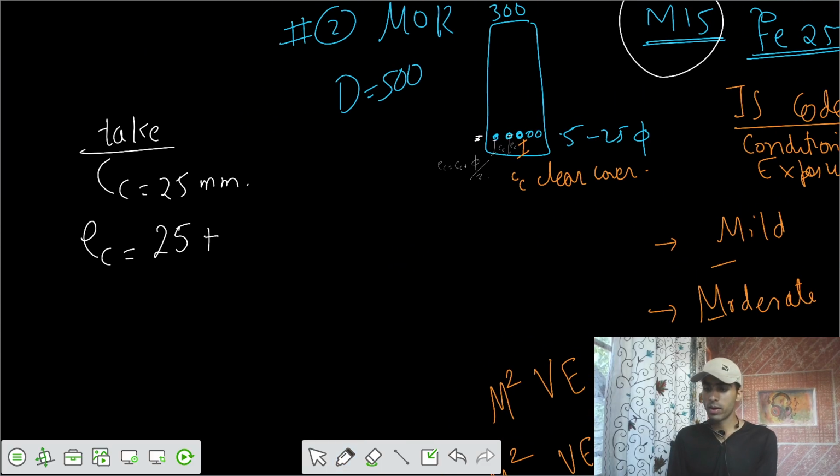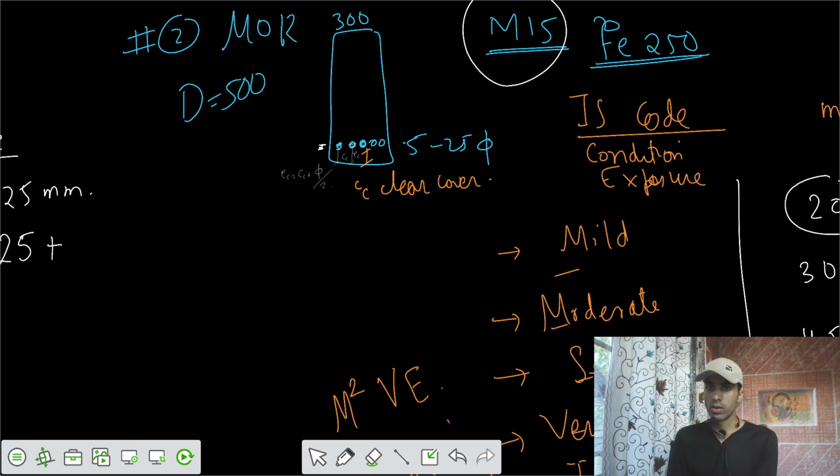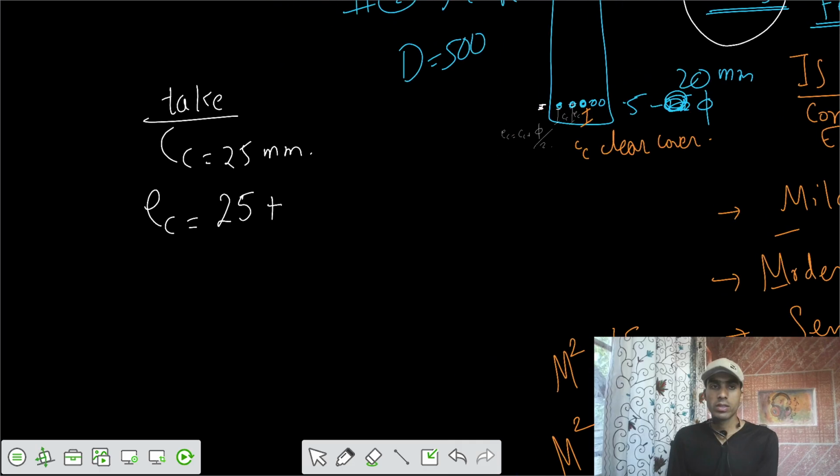The diameter of the bar is not 25, it is 20 millimeters. So your effective cover is clear cover plus 20 millimeters divided by 2, so 35 millimeters.